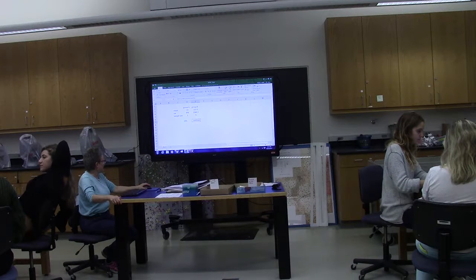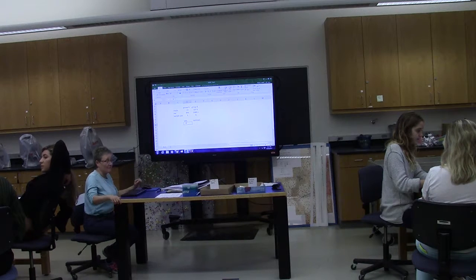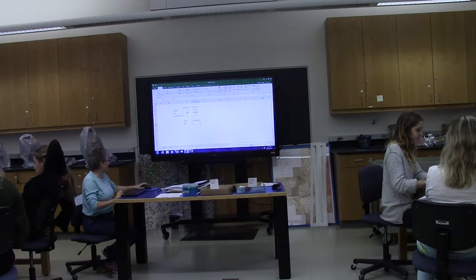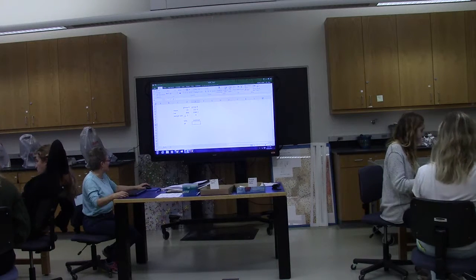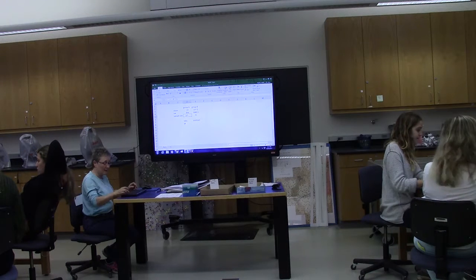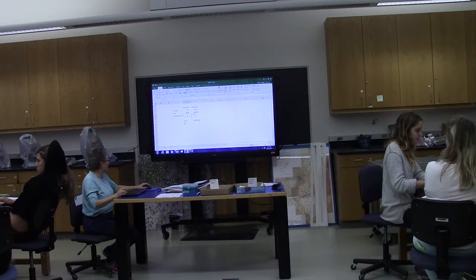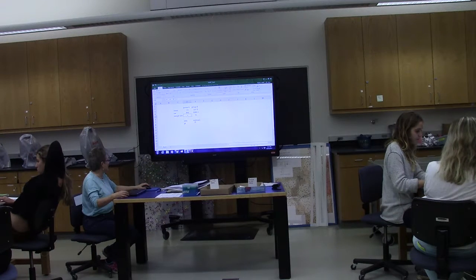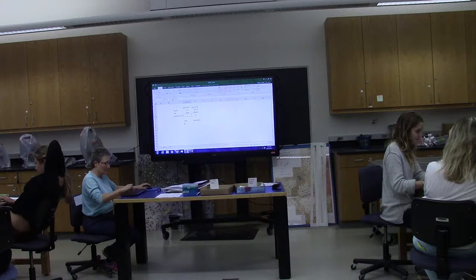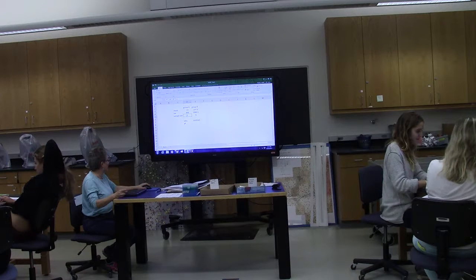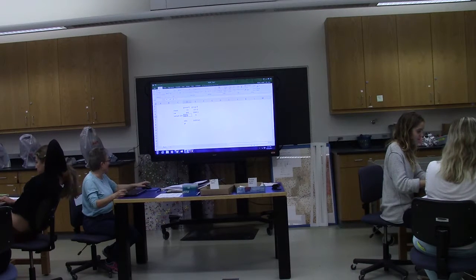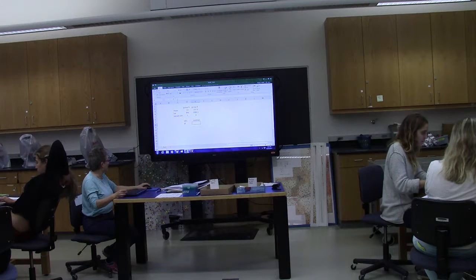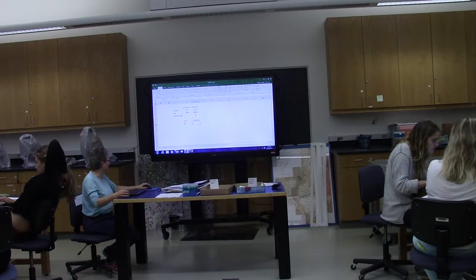All right, the other thing we need to do is figure out degrees of freedom. And so my degrees of freedom, again, is my sample size for group 1 plus my sample size for group 2, equals.